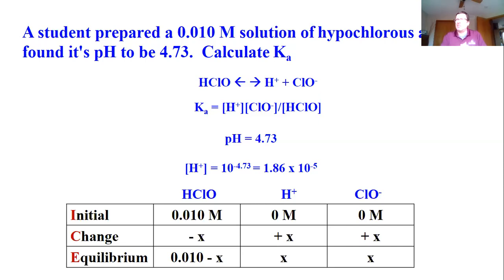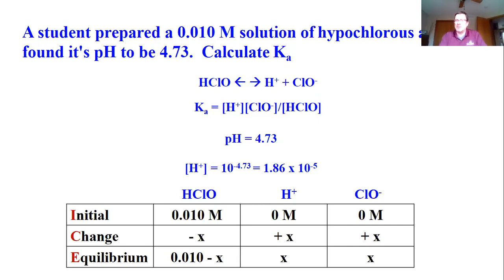So I'm going to lose X amount. Well, where's that X amount of compound going? As I lose X, that means in a 1-to-1 ratio, I'm going to be gaining X amount of hydrogen ions as the compound comes apart, and X amount of hypochlorite ions as the compound separates. And when we get to equilibrium, those numbers don't change, right?